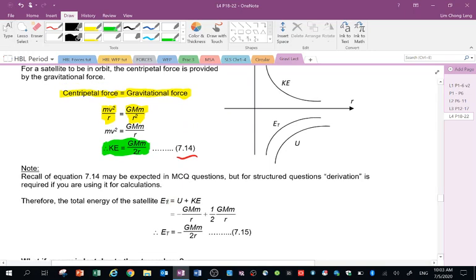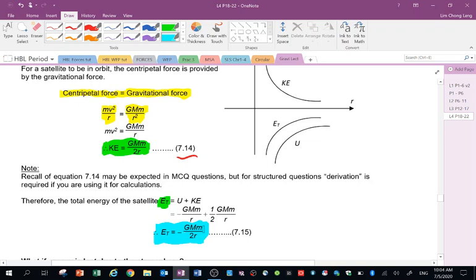Total energy is the sum of Ke and Pe. Once you sum them up, you get the final form, which is total energy equals minus GMm over 2r.